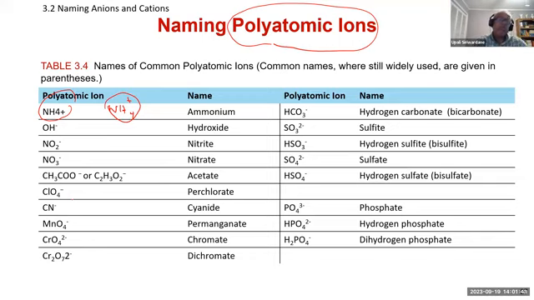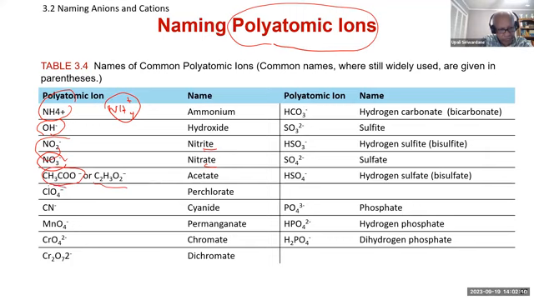What is hydroxide? This has 2 atoms. We also call it a polyatomic ion. Nitrite, ite. If you have 3 oxygens, it's called nitrate. Acetate. This shows part of the structure of the acetate ion.